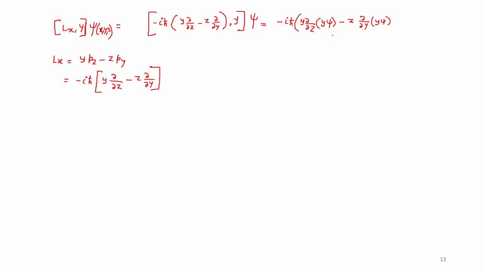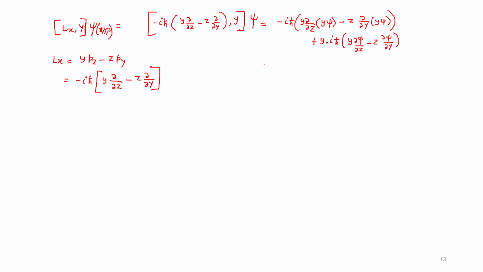Then we are going to have the opposite. Minus of minus, so it will be plus, y into (y del psi over del z minus z into del psi over del y).